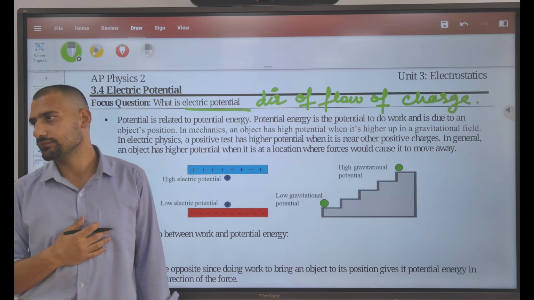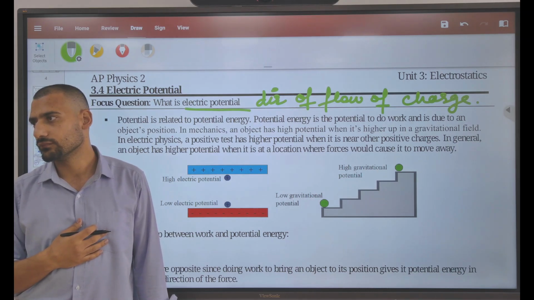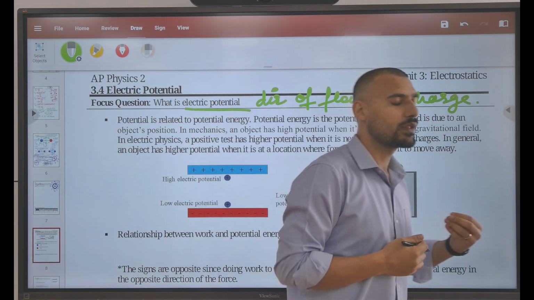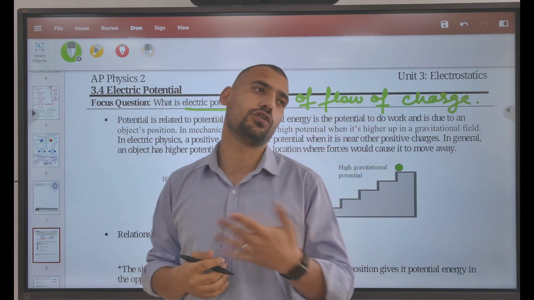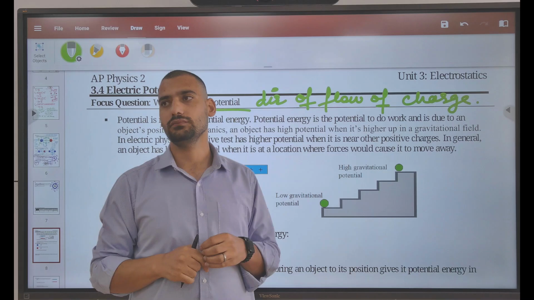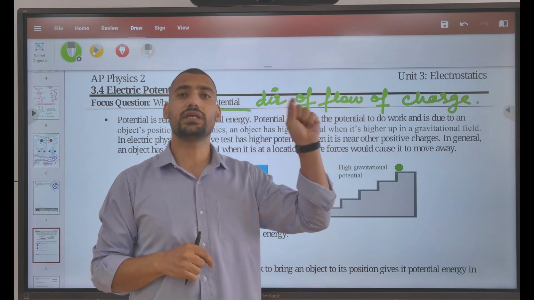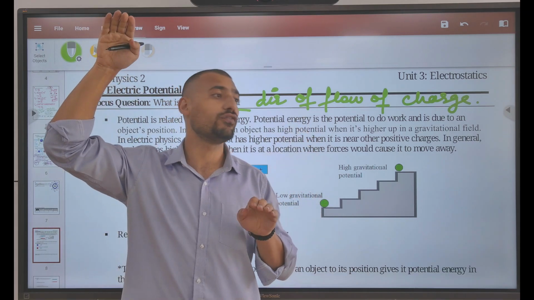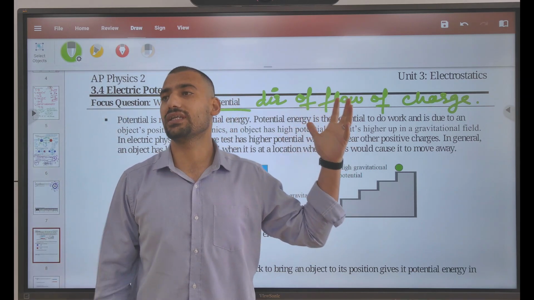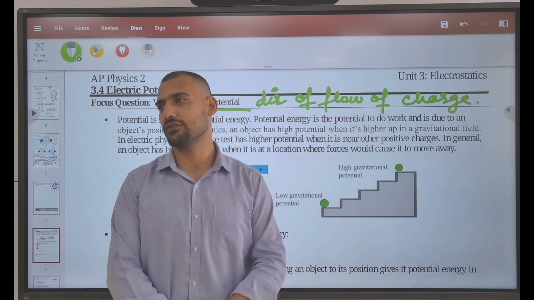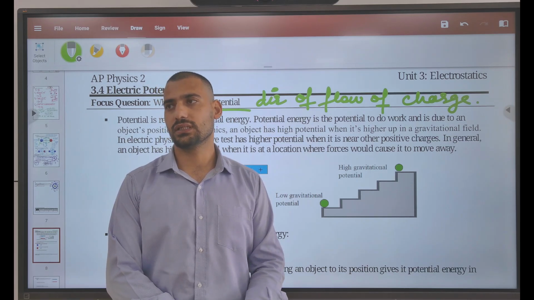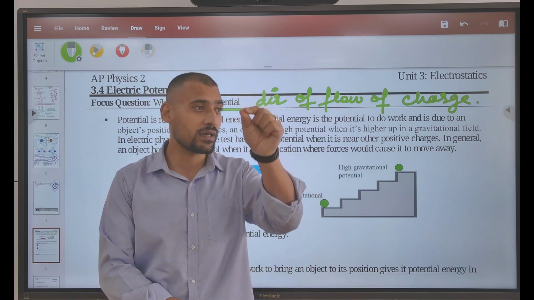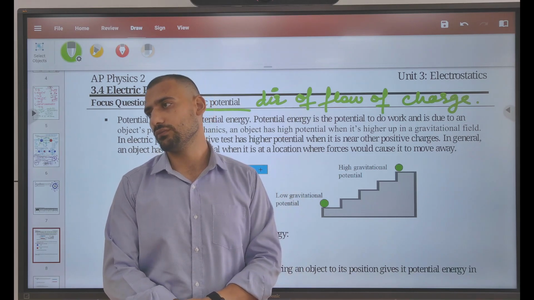Electric potential gives you the direction of the flow of charge. Like temperature gives you the direction of flow of heat, height gives you the direction of flow of water, potential gives you the direction of flow of charge. Is that fine? Is it clear? It is due to potential that you can understand from where to which point the charge will flow.